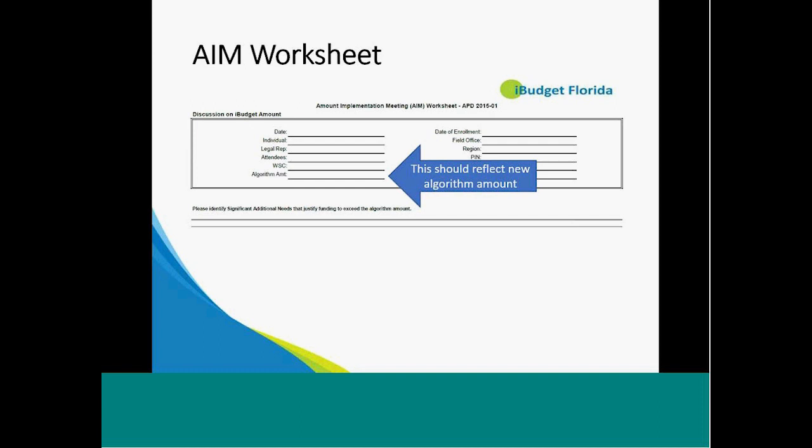So we have to make sure that the amount that you listed there is the correct algorithm amount. We have to make sure that you're discussing the correct amount with your consumer and their family. So please make sure that you ask your region for an updated Easy iBudget calculator, and that you have the new algorithm amount, and that's the amount that you're discussing with your consumer and their support team.